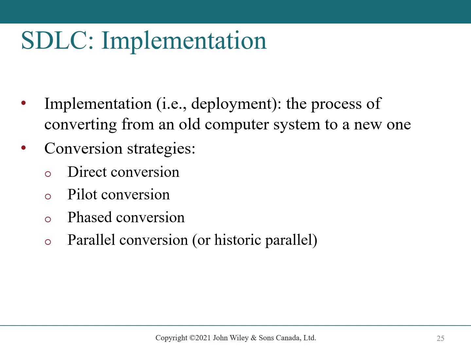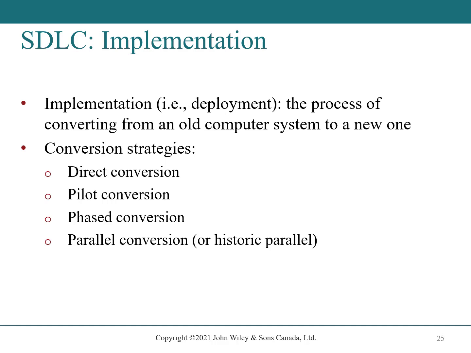Large organizations commonly combine pilot and phased approaches, so they execute a phased conversion using a pilot group for each phase. The last strategy, parallel conversion, is one in which the old and the new systems operate simultaneously for a time. This is seldom used today.